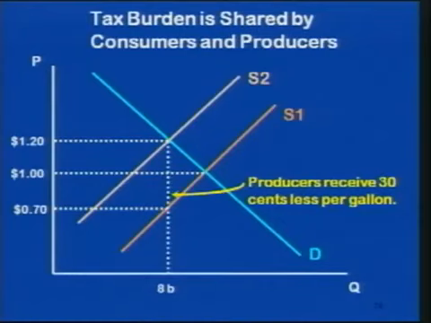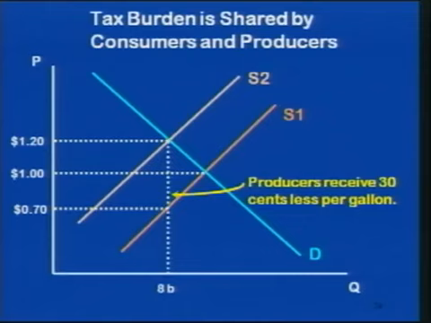At this new equilibrium, this is the price paid by consumers. The government takes 50 cents, which puts producers at this point getting 70 cents. $1.20 minus 50 cents is 70 cents. The wedge between these two is what the government gets. This is what consumers pay. This is what suppliers receive.